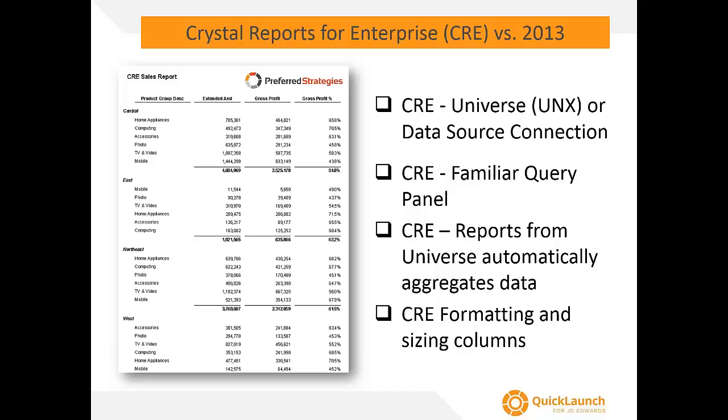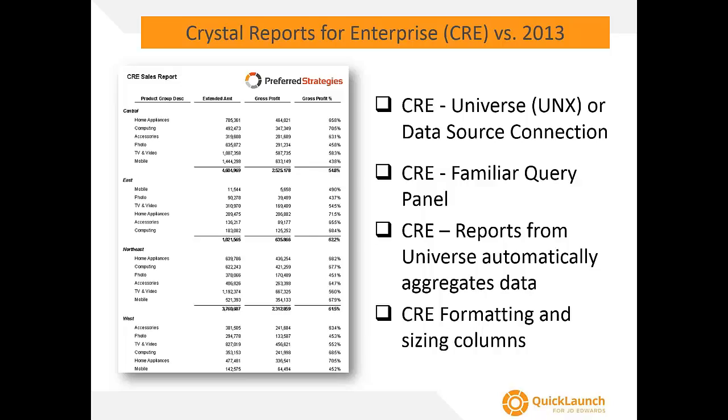So before 4.x, there was one type of Crystal designer, and in essence what you do is you connect to a data source, and then relate tables, create formulas and calculations and parameters, and then you start building your report.